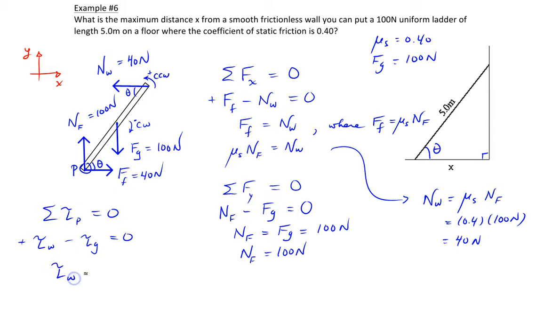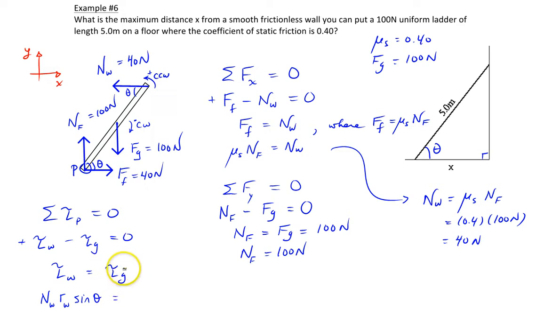So the torque from the wall must be equal to the torque from the force of gravity. This would be equal to the normal force from the wall multiplied by the distance, I call it r sub w for now, times the sine of this angle theta, which is up here, which we don't know and we're looking for.